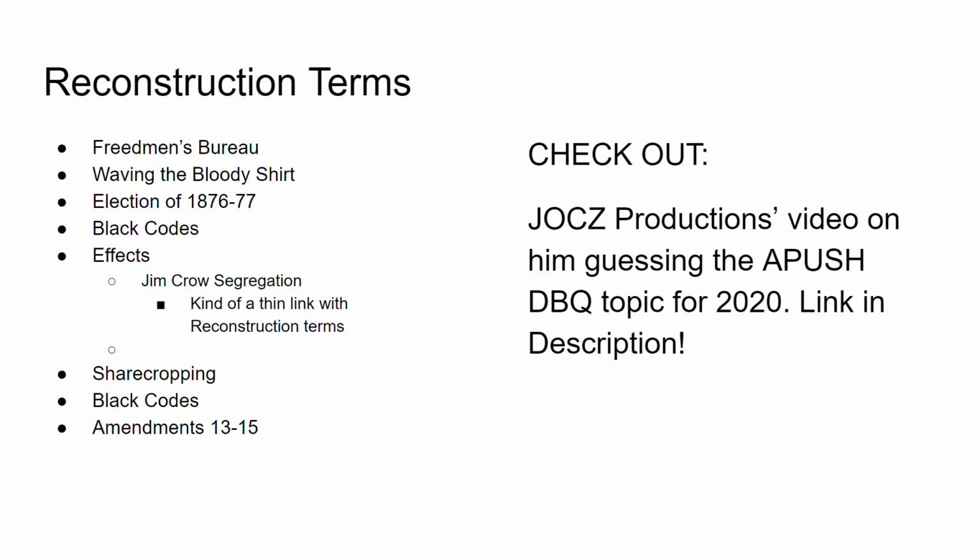We could also put in the grandfather clause and poll taxes. The grandfather clause was basically saying if your grandfather couldn't vote, you can't vote. That's the basic idea. And this was specifically targeted towards African Americans because their grandfathers couldn't vote, since their grandfathers were in slavery.